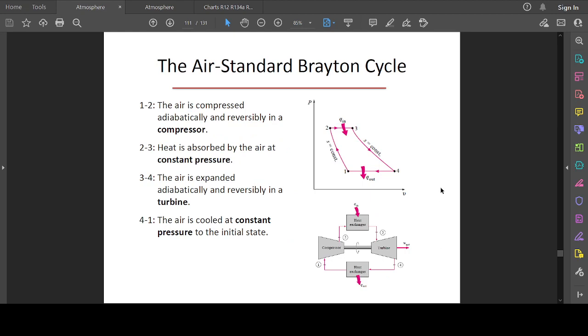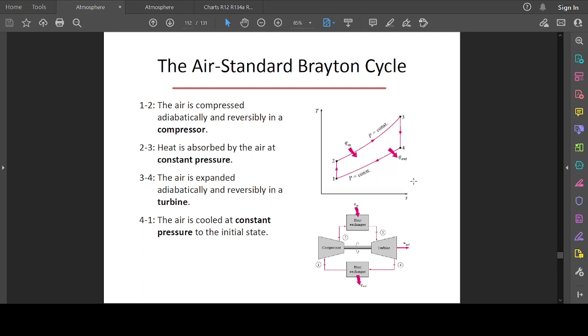So in stage 1, as we know, air is compressed adiabatically and reversibly from 1 to 2, and from 2 to 3, a constant pressure isobaric heat addition to the air. Okay. Then there is an adiabatic and reversible expansion, work done by the turbine from 3 to 4, and constant pressure isobaric heat loss, heat removal from the system, between stage 4 to 1.